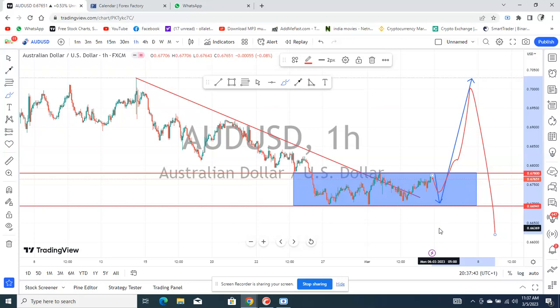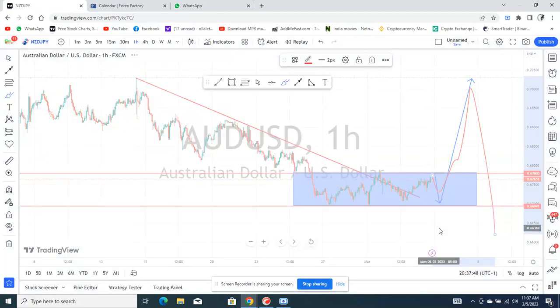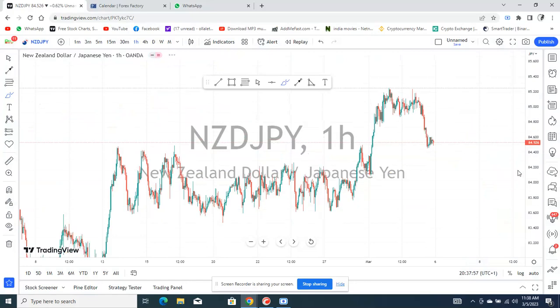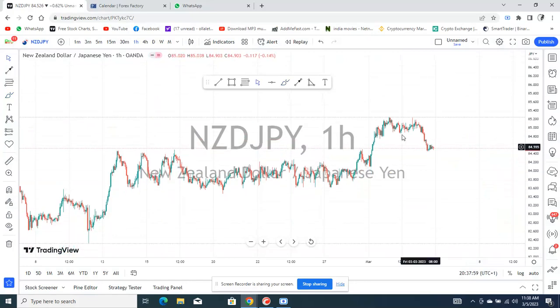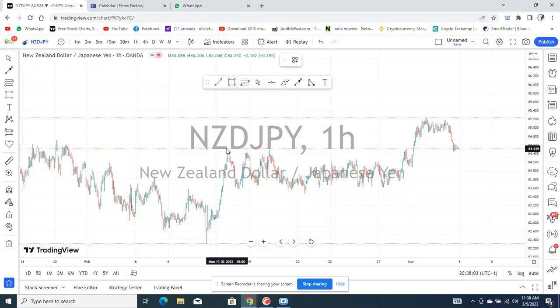Now let's check NZDJPY. In the case of NZDJPY, the buy bias is not ready, but I can only see sell for now. Look at here, price ranges all through this level.